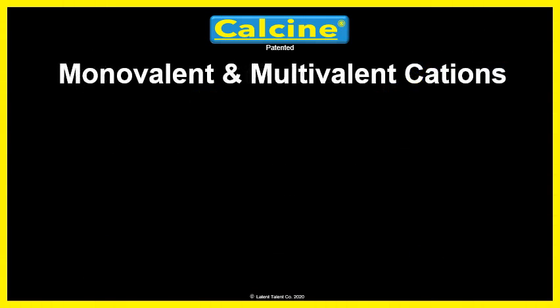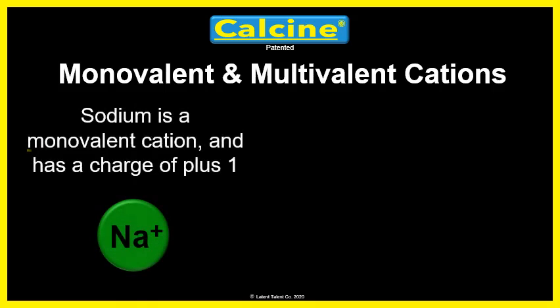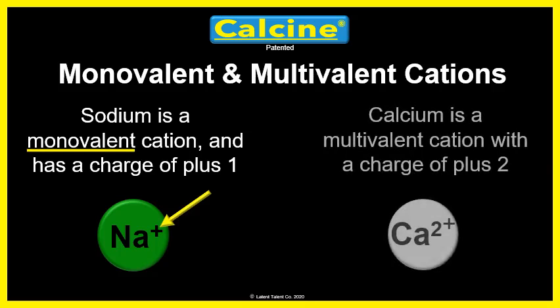The terms monovalent and multivalent describe whether an ion has either single or multiple charges. For example, sodium is monovalent with a charge of +1. By comparison, calcium is a multivalent cation. This difference will become important when we see its effect on soil structure.